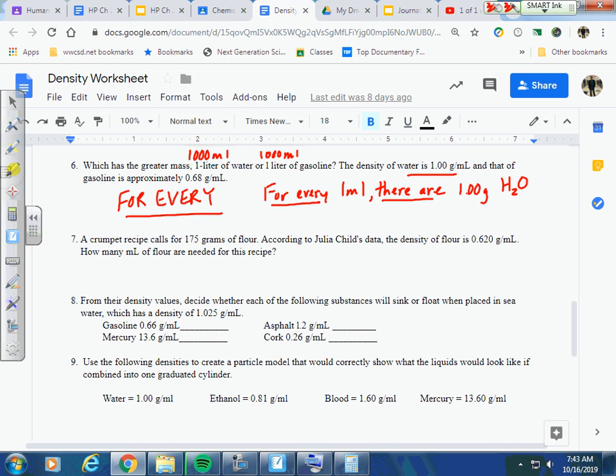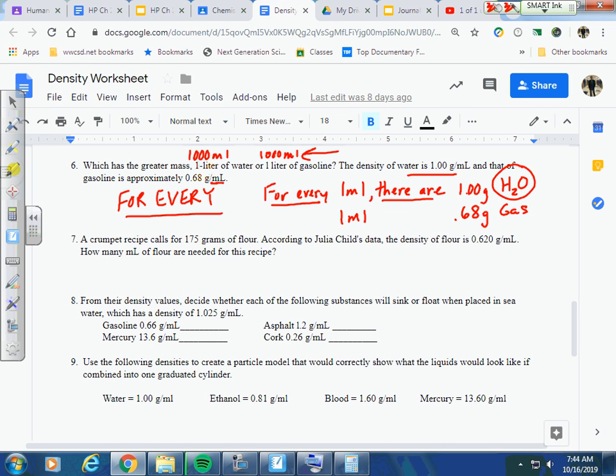Now, for gas, if I do that same for every statement, for every 1 milliliter, okay, that's a density, there are 0.68 grams, and that's the gasoline. So just by looking at that, if I had just 1 milliliter of each, the mass of the H2O is going to be more. Same thing if I had 100 milliliters or 1,000 milliliters. It's still going to be H2O has more mass.